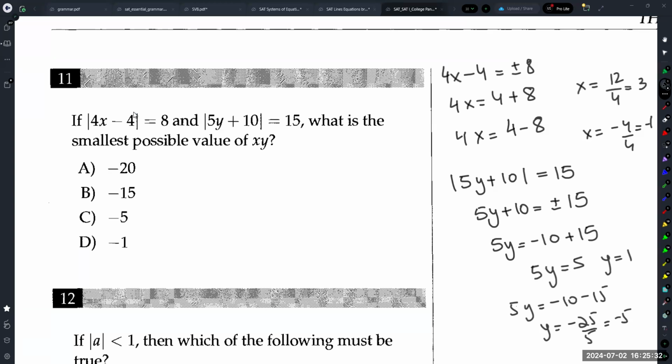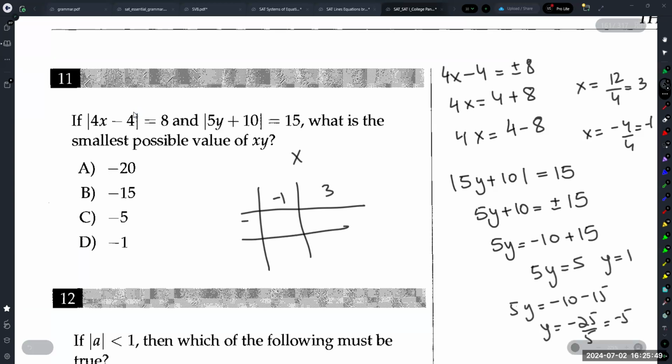So it says x times y, what's the smallest value when you multiply the two? If you just put these values down, the possible values of x and the possible values of y, one value is negative 5 and the other value is positive 1. And you just want to multiply them.